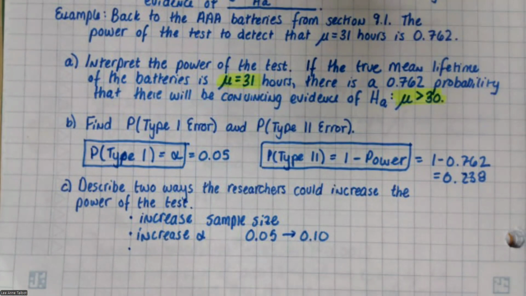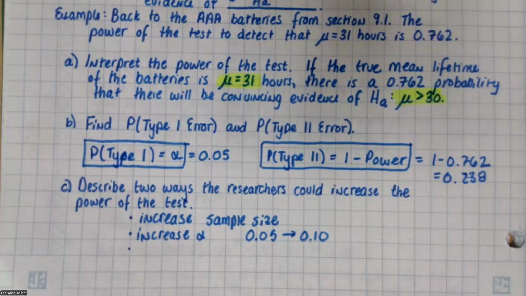If the true mean is 31 hours, it's going to be harder to find a sample that's over 30, because some of them are going to be under, right? What if the true mean was 32 hours? Would you probably get more of them that were above 30? What if the true mean was 33 hours? Would you get more of them that were above 30? What if the true mean was 34 hours? Would you get more of them that were above 30?